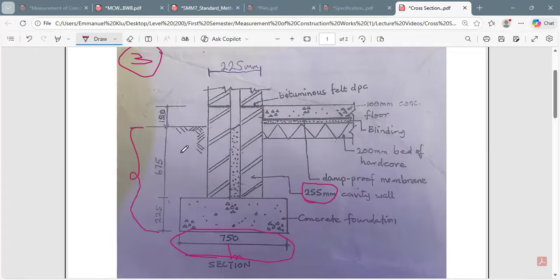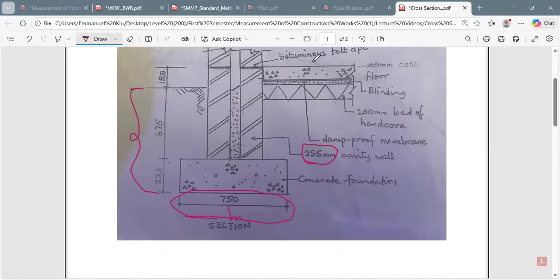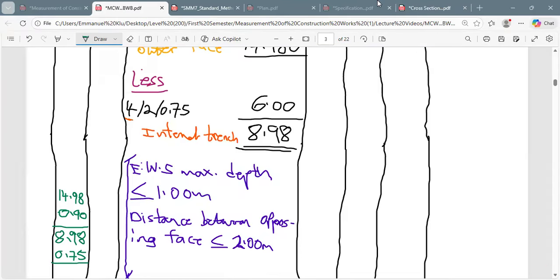So that is the 675 plus the 225. What are you going to get? You're going to get 900. So that is why we wrote 900 over there. That is 900 divided by 1000, and you get 0.90, as you are seeing over here.